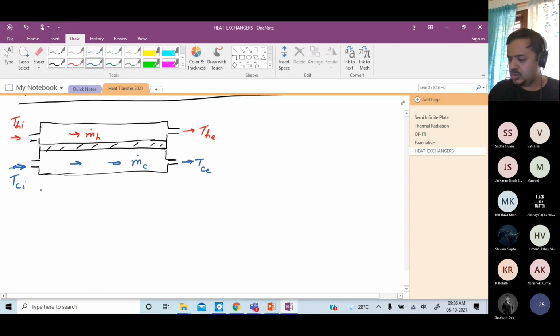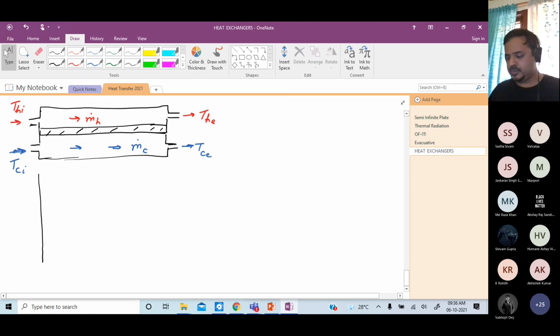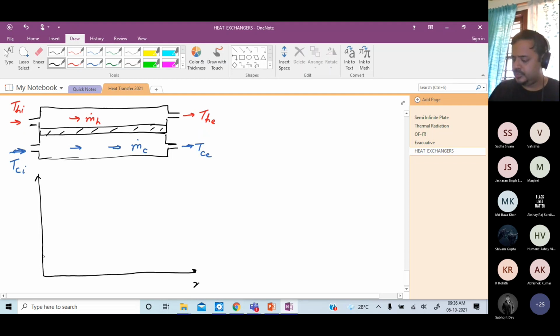Now if I want to plot the temperature along the flow length, visualize this. My hot fluid is coming in at a temperature of T_h,i. My cold fluid is coming in at a temperature of T_c,i.